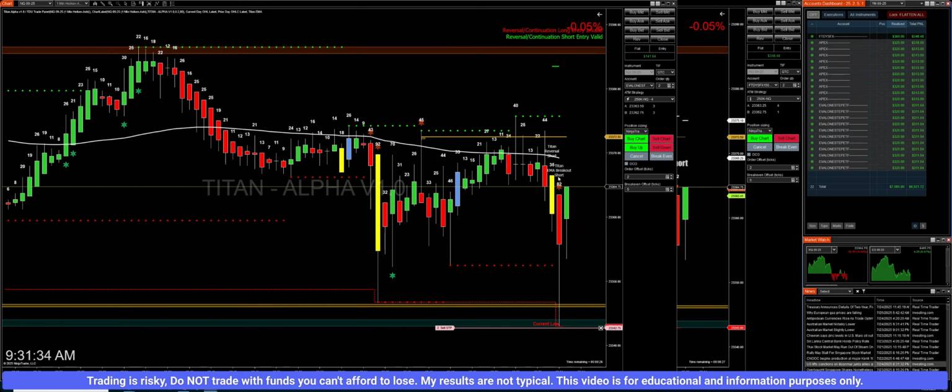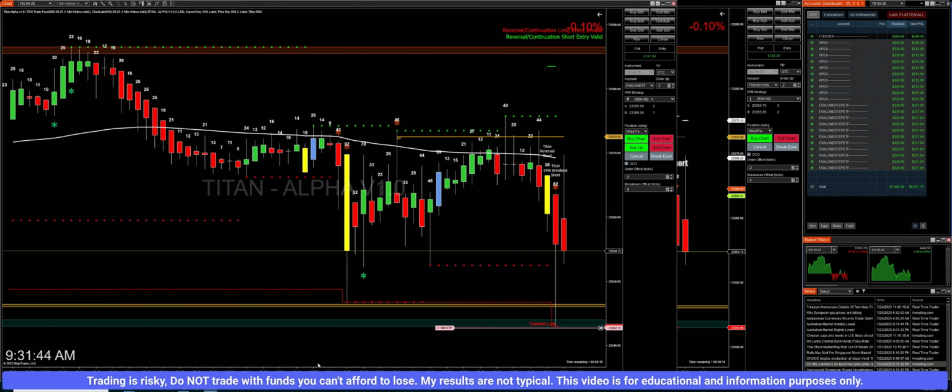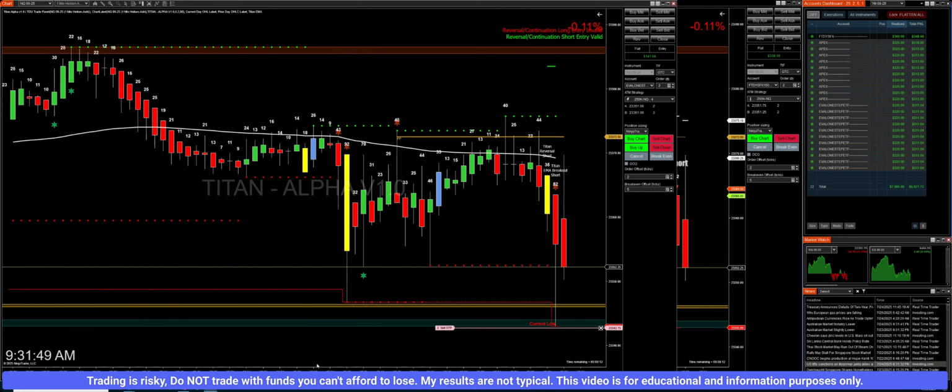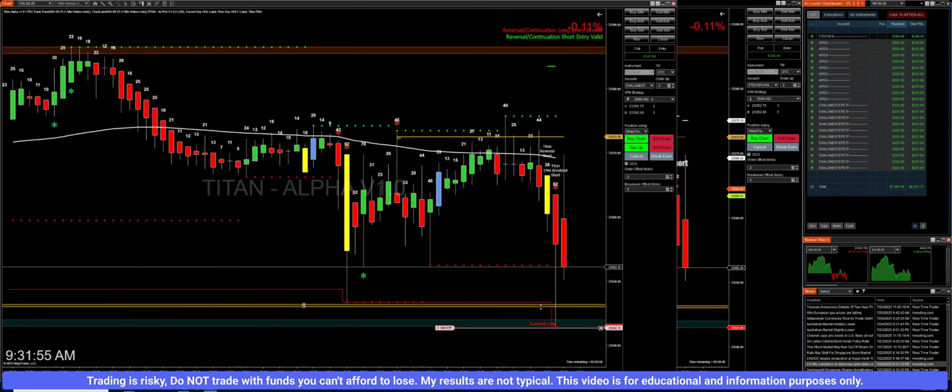So we had this Titan break short, and we are placing the S3 trade here. Let's see what it does. It took out the London low, so I can get rid of this line here.